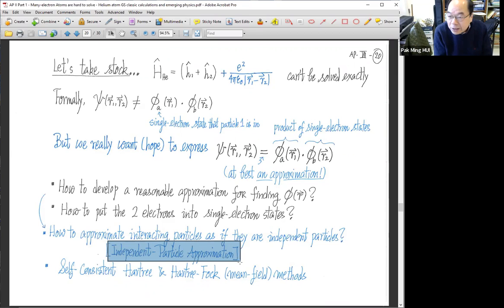The famous name under this method is the Hartree method or the Hartree-Fock method. If you buy a numerical package to do such calculation, you pull down the menu there, then immediately you will see Hartree-Fock, self-consistent thing. But I hope after this discussion, after this course, at least, if you have that numerical package to play with, you know what you are choosing, okay? So at this point, let's take a break, and then we will start the perturbation calculation.